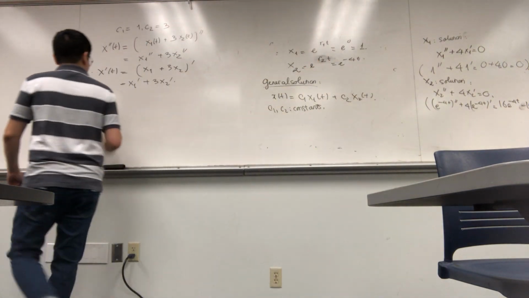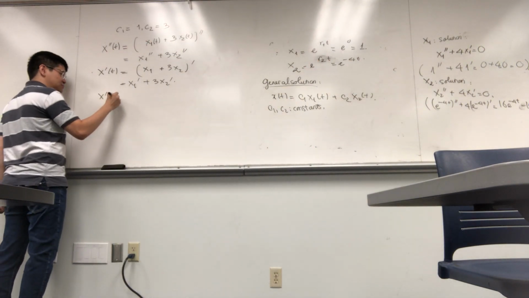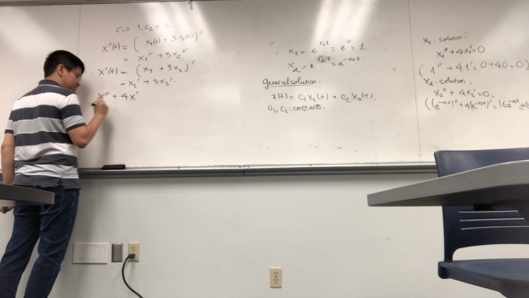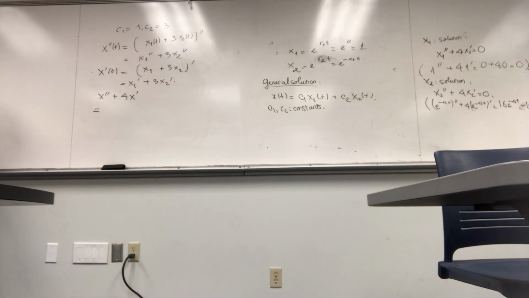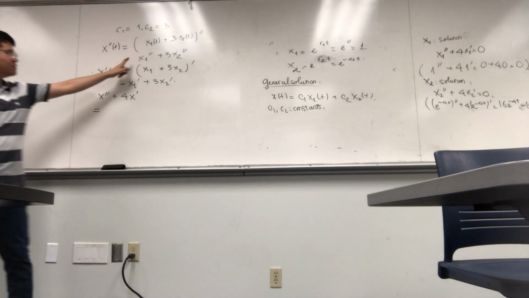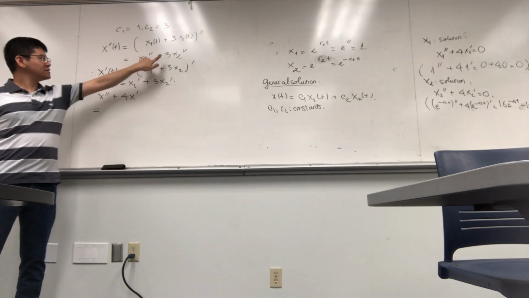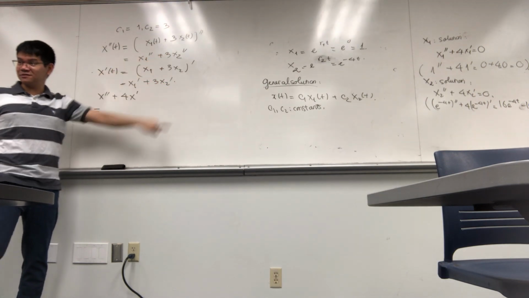So I'm going to sum x second plus 4x prime. What is it? x1 second derivative plus 3 x2 second derivative, plus x1 first derivative plus 3 x2 prime. So I'm going to take the sum of this and 4 times this guy, right?